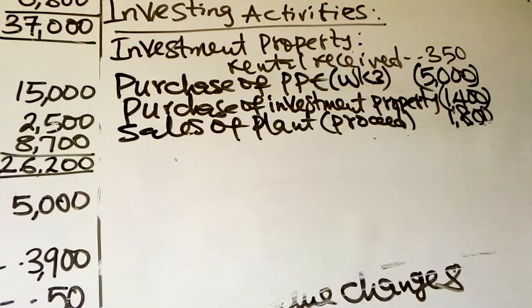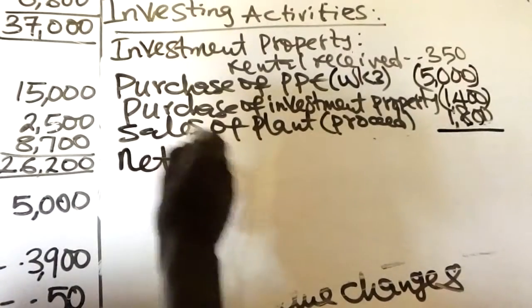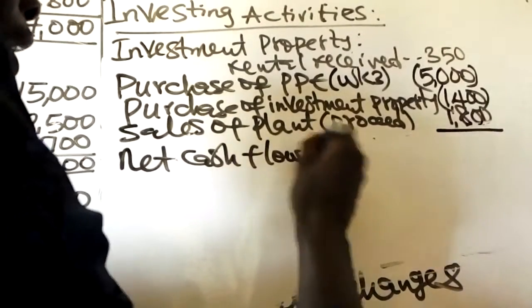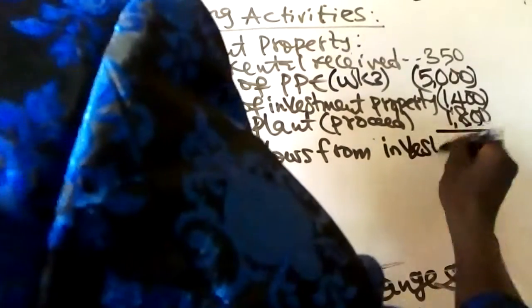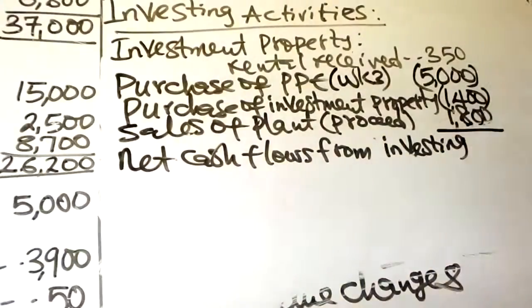So 350 minus 5,000 minus 1,400 plus 1,800. Then you have 4,250. That 4,250 represents net cash flows from investing activities.